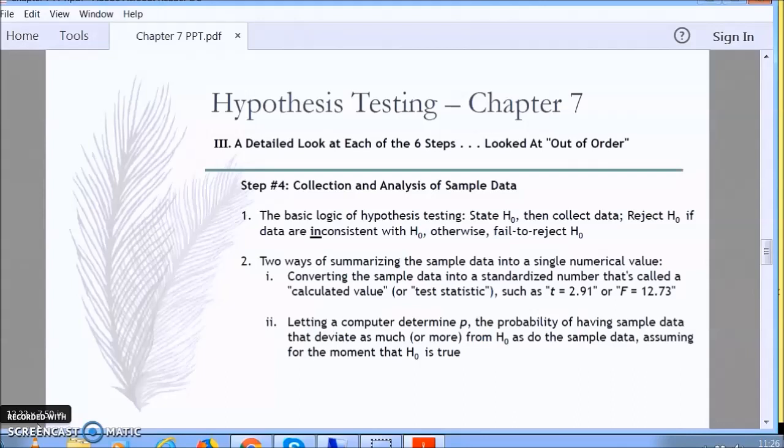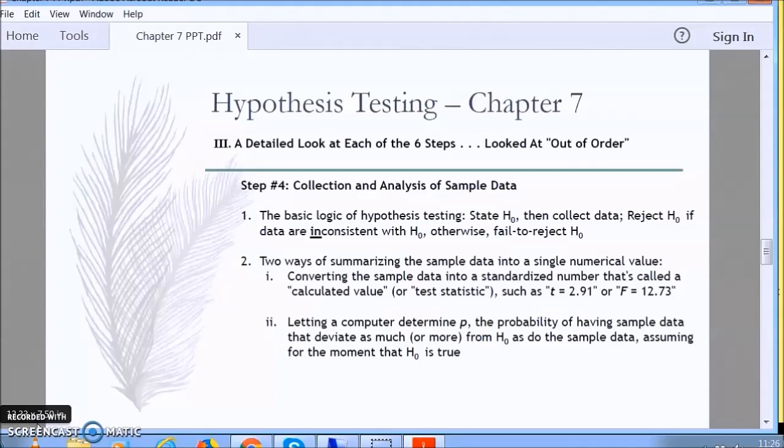The computer informs the researcher of this probability, the p value, as a single decimal value between 0 and 1. This is the value that the researcher uses to reject or fail to reject the null hypothesis.